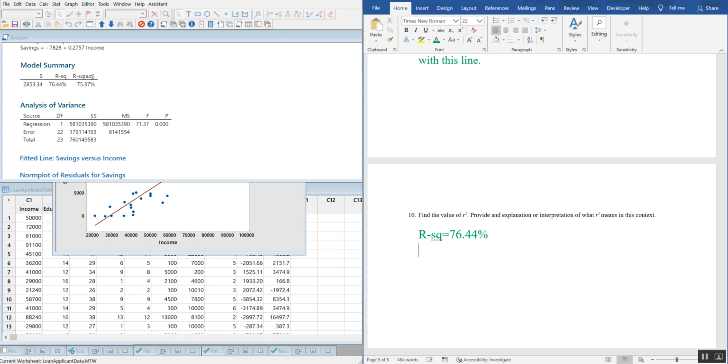So remember, this measures how much of the variability that I see in my response I'm able to predict using its linear relationship with my predictor or explanatory variable. So about 76.44% of the variability.